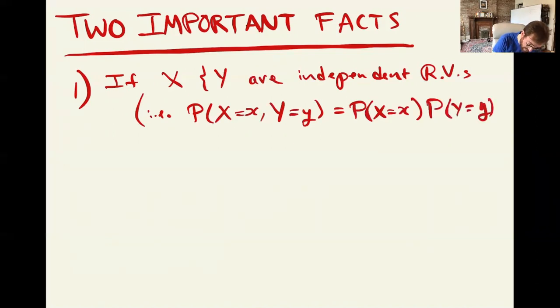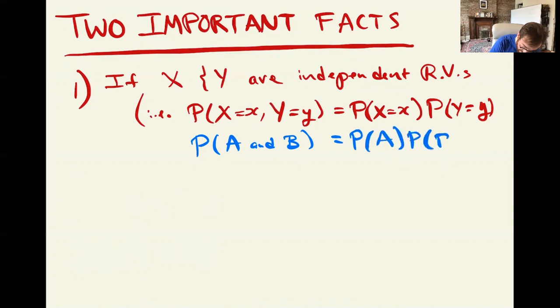And you can think of this as saying something like, oh, well, this is the same thing as probability of A and B, where A is the event that X equals little x, and B is the event that Y equals little y, is equal to probability of A times probability of B.